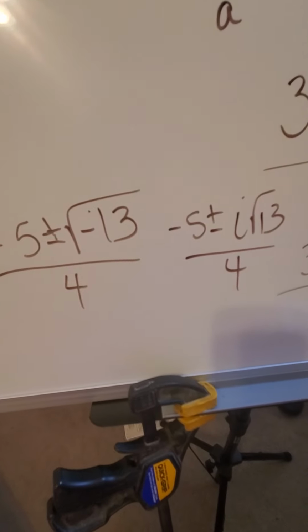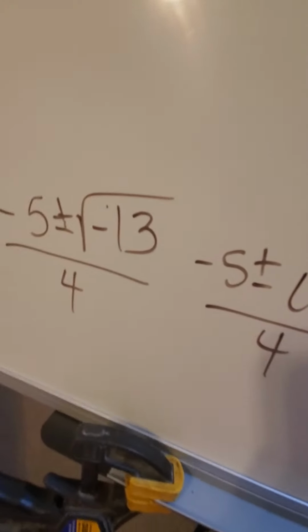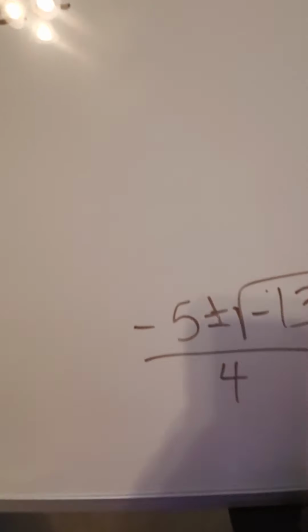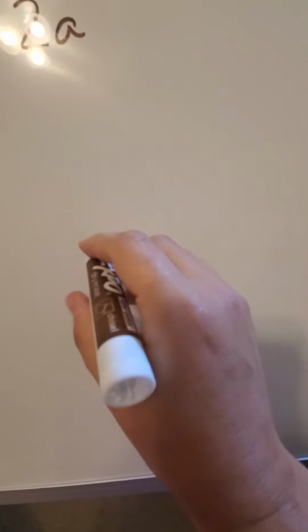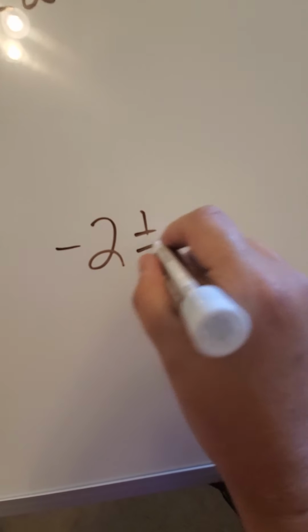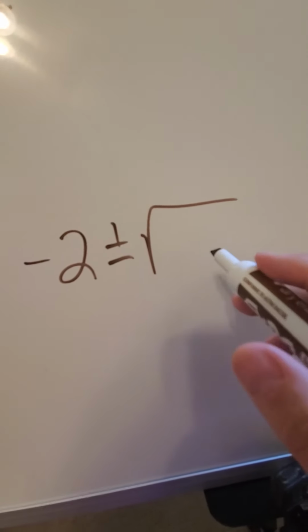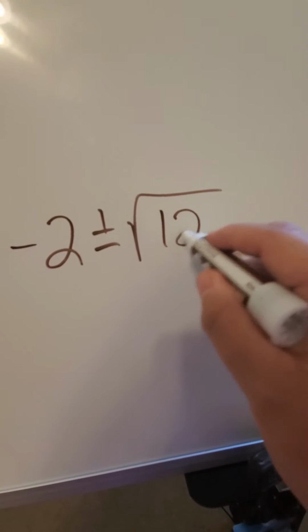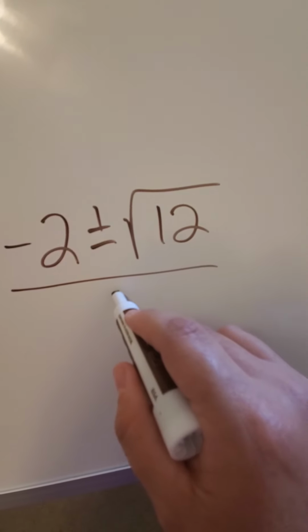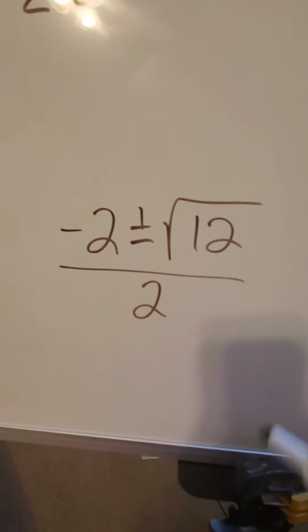Okay, so sometimes you could have a negative in there. Sometimes you could have where you can simplify the radical, negative 2 plus or minus square root of, let's say 12 over 2, for example. I'll show you one here.